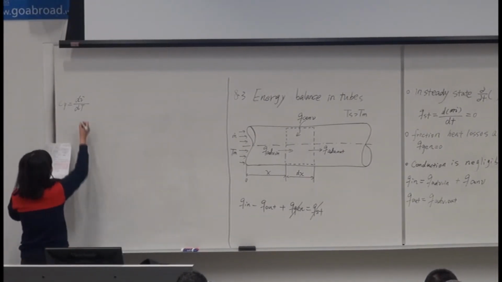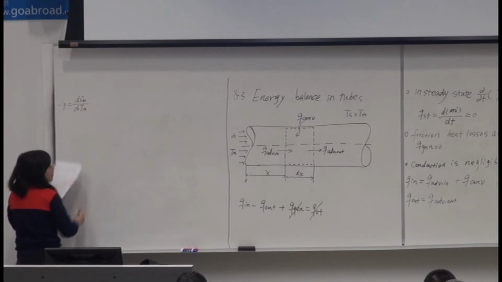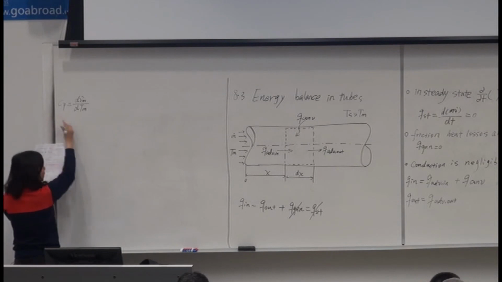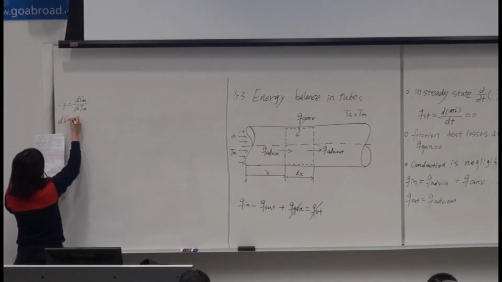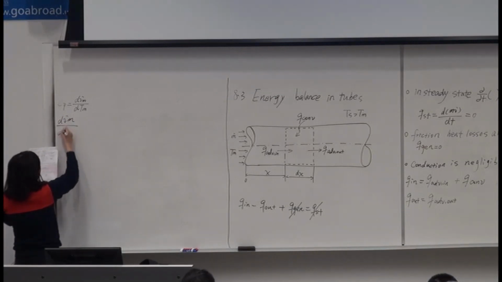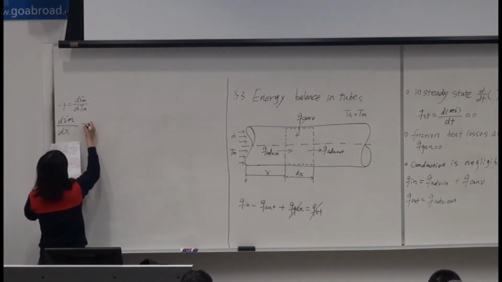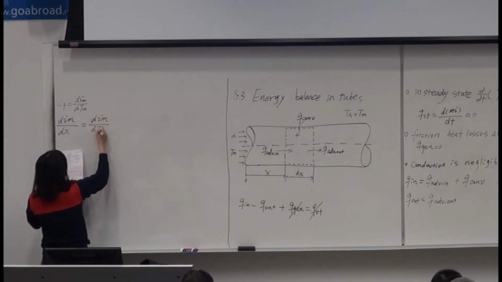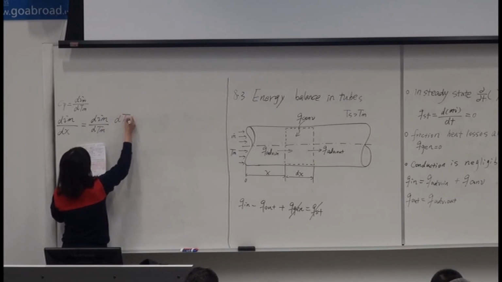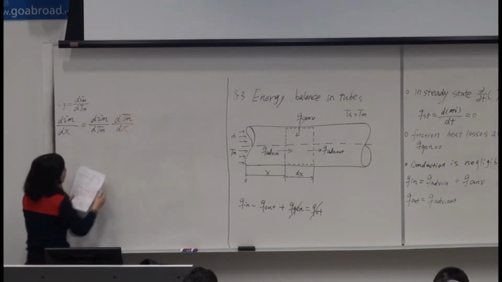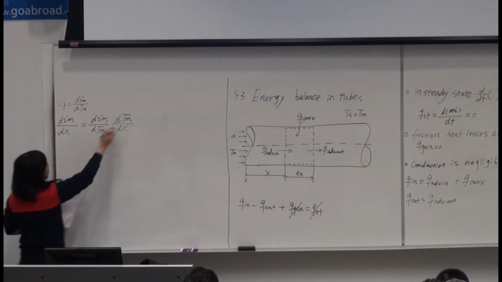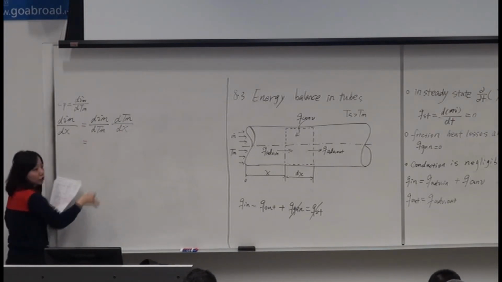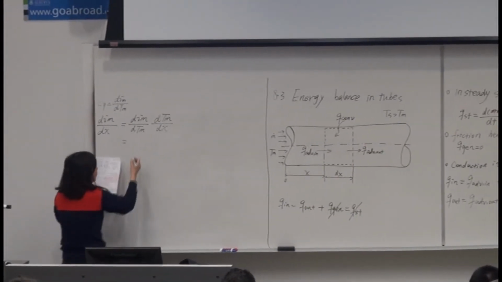Because for internal flows, we all care about the mean. So how the mean entropy changes with the mean temperature. So with this constant, we can say that the mean entropy gradient along the tube length is simply given by, one more step, how it varies with temperature and how our mean temperature varies along the tube length. It's the chain rule here. And this term is given by the specific heat, which is assumed constant because there is no phase change.